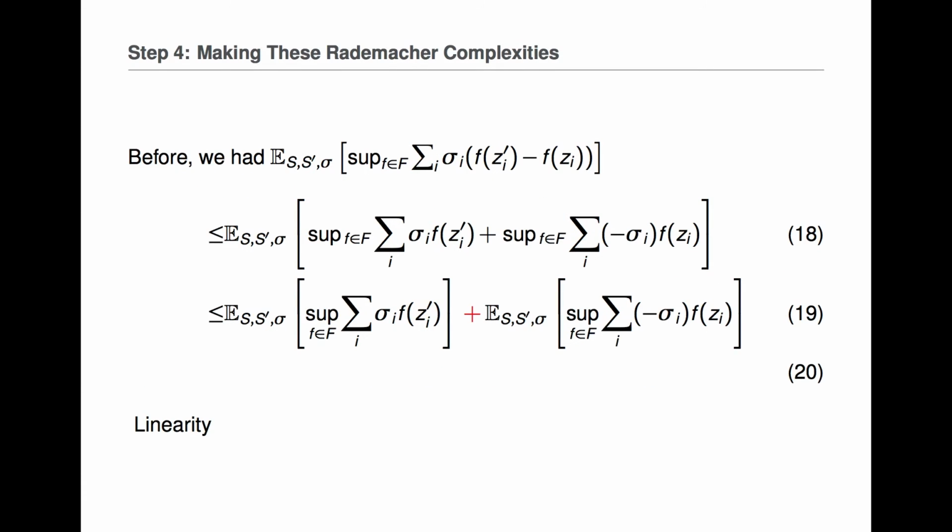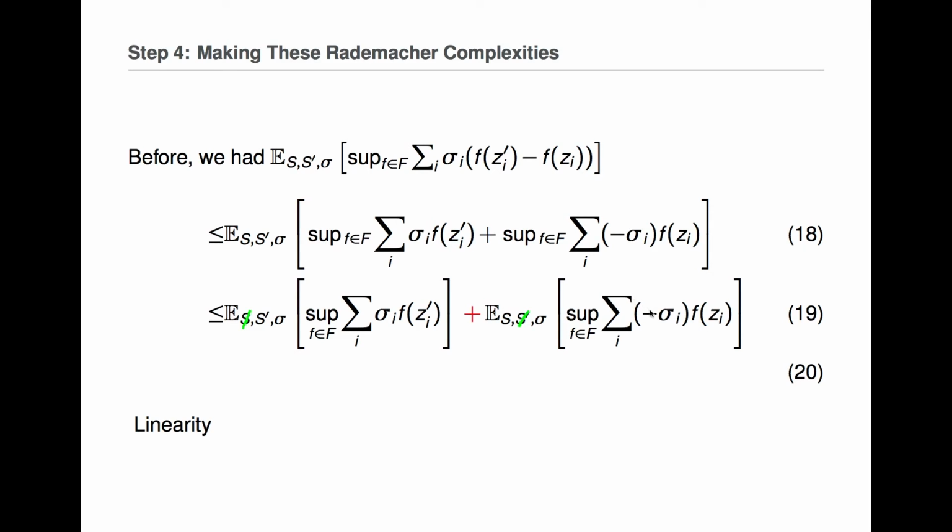And now we're going to use linearity of expectations to break this up into two parts. But now we have two things that look exactly alike. On this side, we have something that depends on s and s prime, but there are no elements from s in the set, so we can get rid of that expectation here. And here, we don't have anything that depends on s prime, so we can get rid of that expectation here.